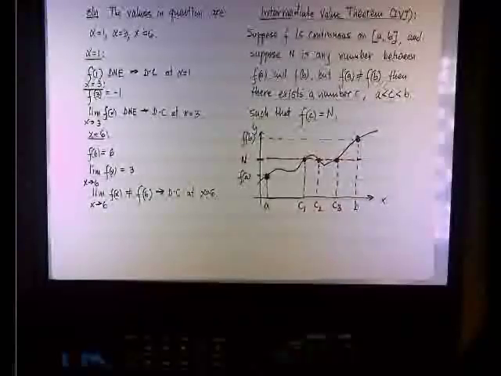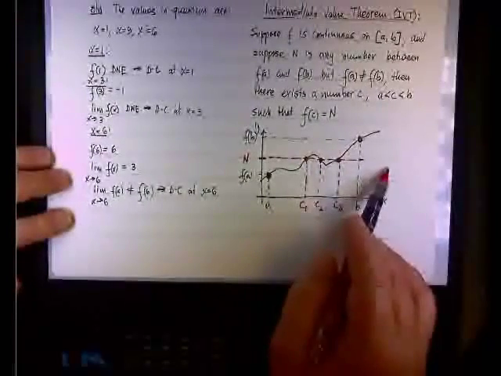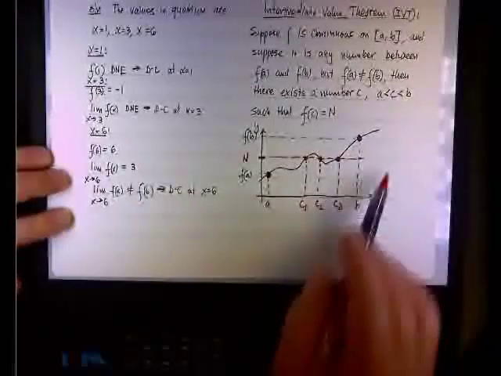But as it stands now, between f of a and f of b on the y-axis, where it intersects the graph, you could have three points or one point. You can have two, because I can go and finish the function right there. I can have five. But the theorem says that there exists at least one number.